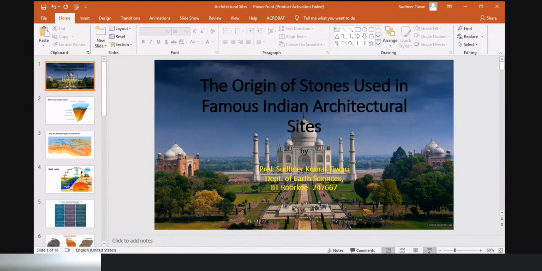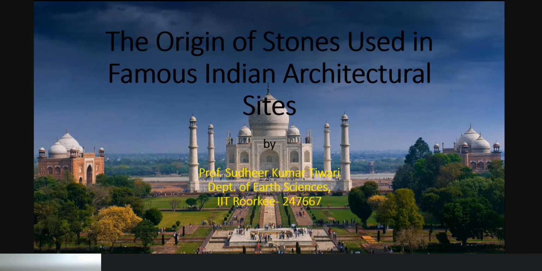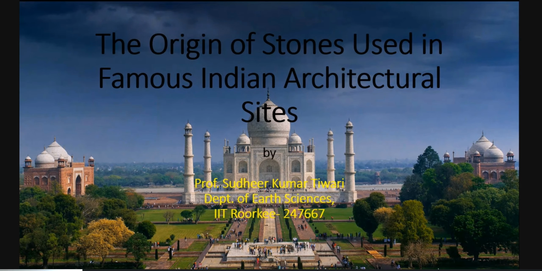Today I will be talking more about the origin of stone rather than architecture and associated terminologies. How have the stones been originated which have been used to make such beautiful architectural sites and heritage buildings in India?